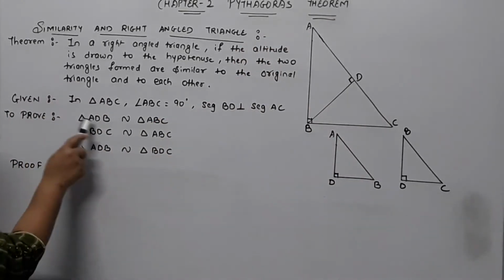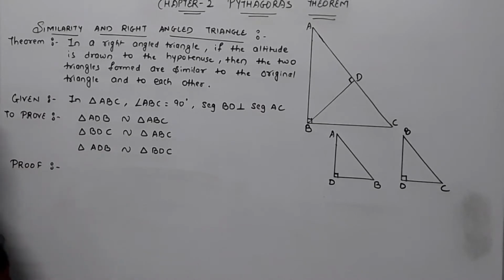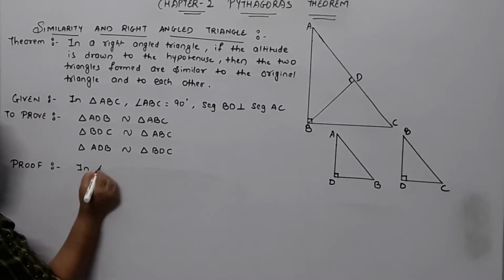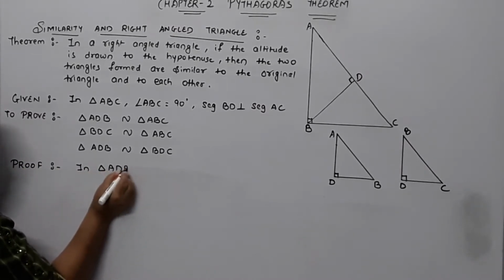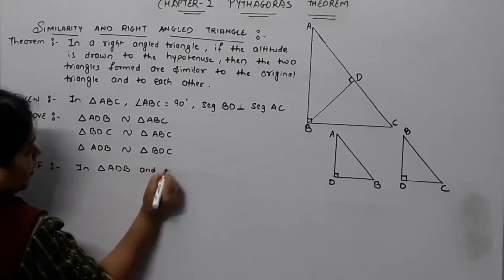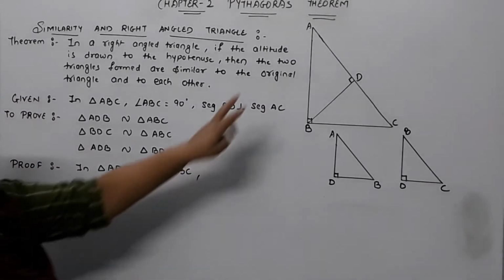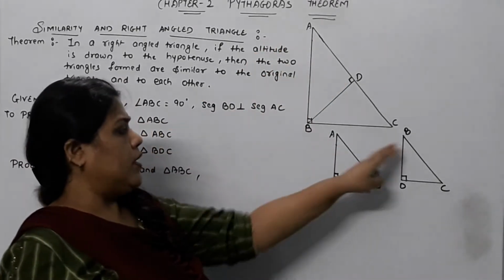Now, our first proof is triangle ADB similar to ABC, that we have to prove. So, we will write in triangle ADB and triangle ABC.